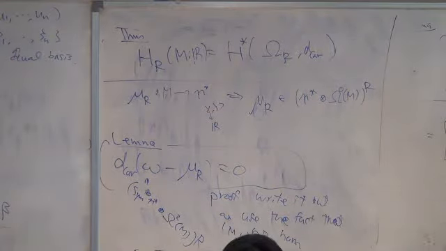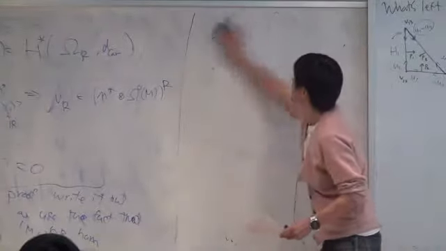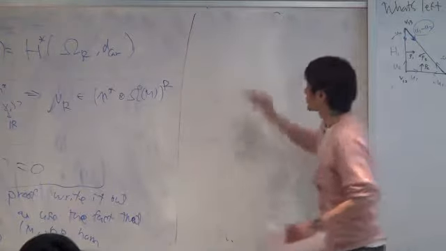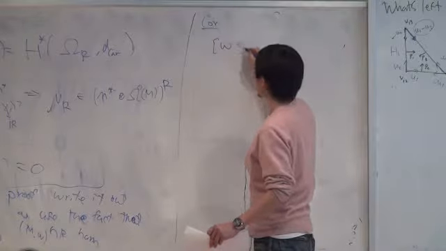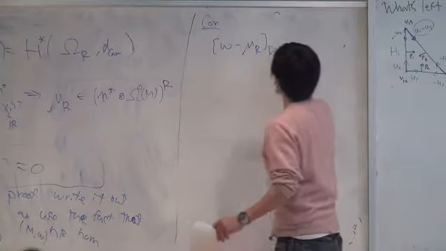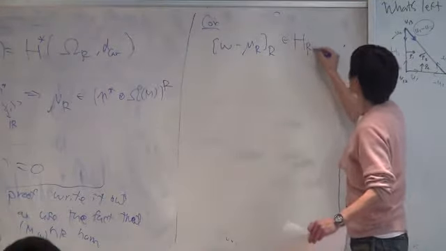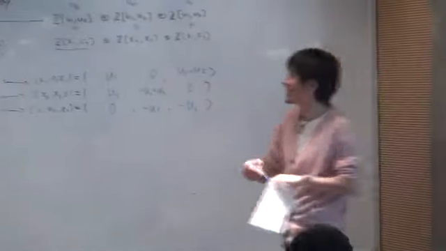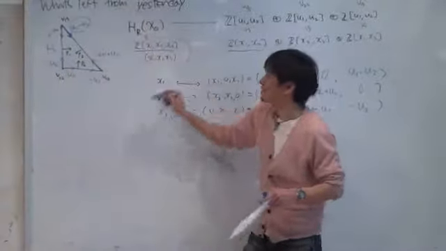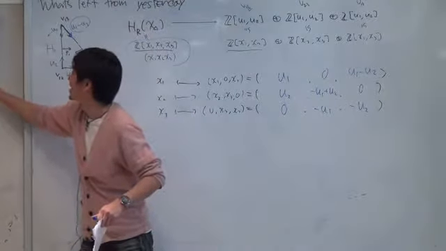All right, so now we have this equivariant class. The corollary is that there is this class sitting inside the R equivariant cohomology of M. I want to know what this is.